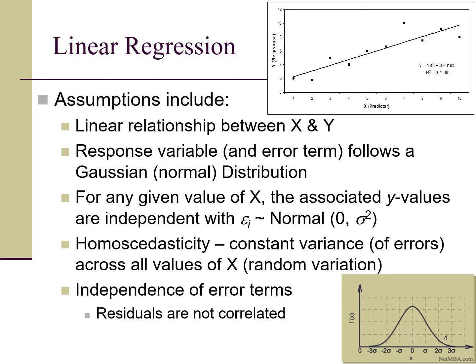So the assumptions here are that there's a linear relationship between x and y, that the response variable and its error term follow a Gaussian distribution, and that for any given value of x, the associated y values are independent with an error, that's the little e there, that is distributed as, that's the tilde, a normal distribution with a mean value of 0 and a certain variance.